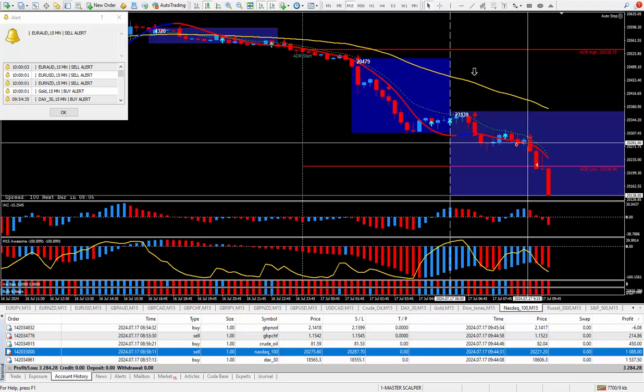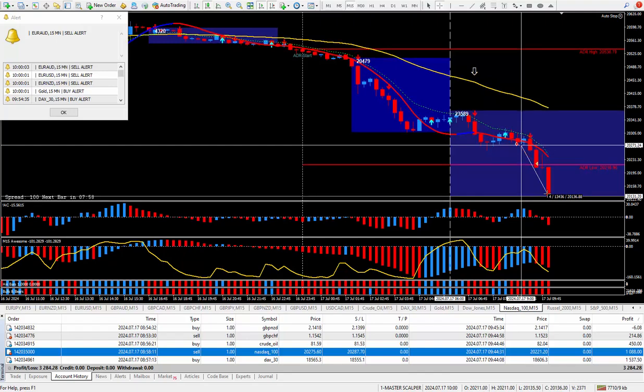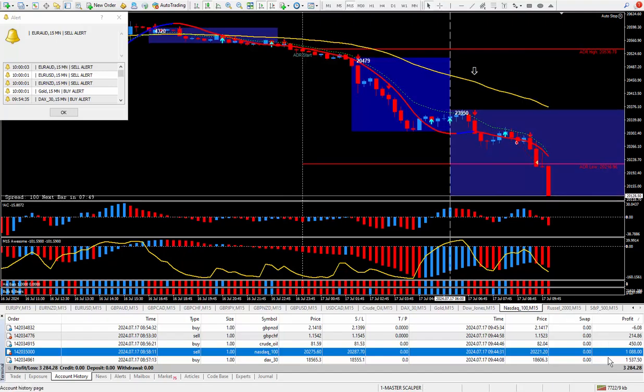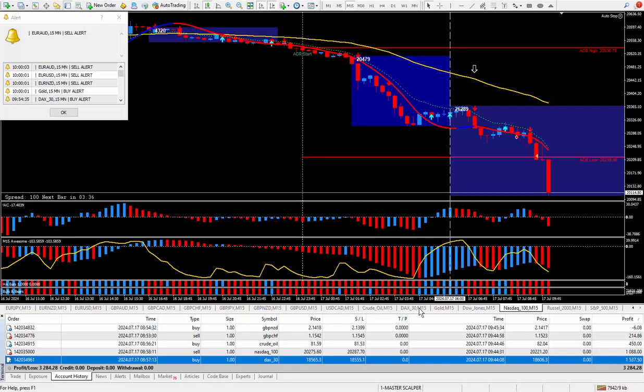So let's just go and run a check on that. 54 times 2, well, I would have been more than double up, but that's okay. I was happy with the 54, and there it is right there. 54 ticks, and that paid out $1,088. Okay, moving on to the next trade, which is the DAX 30.